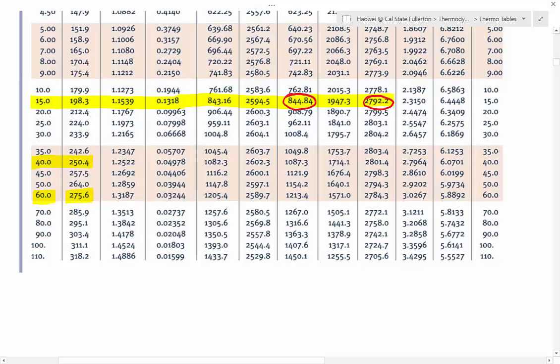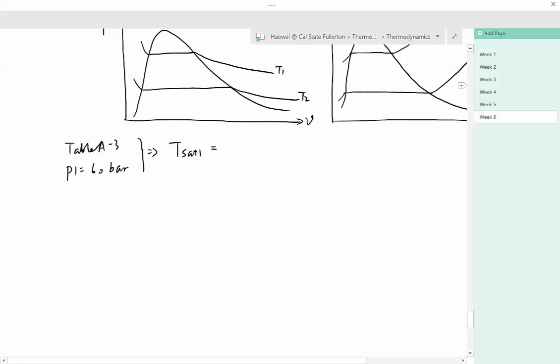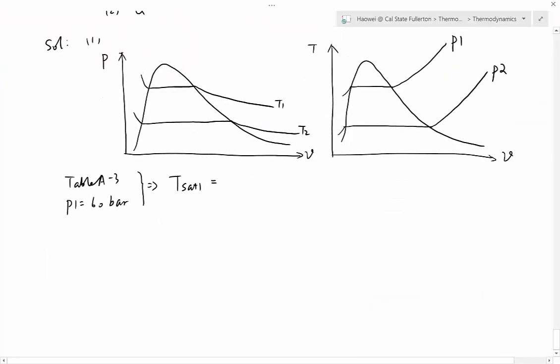Unit is Celsius. Okay, go back to our notes, and we can write it down. The saturated temperature at number 1 is 275.6 Celsius, and my actual temperature T1 is 400 Celsius. And obviously my actual temperature is even higher than the saturated temperature. So our conclusion is point 1 must be superheated.